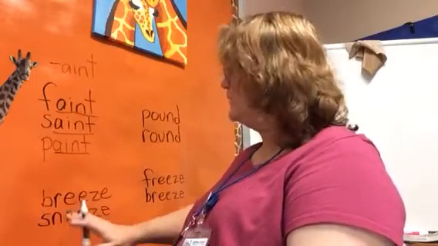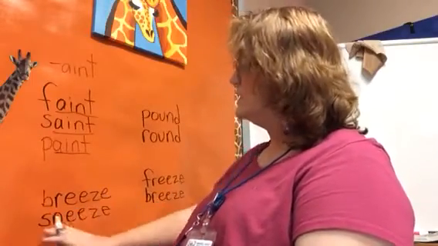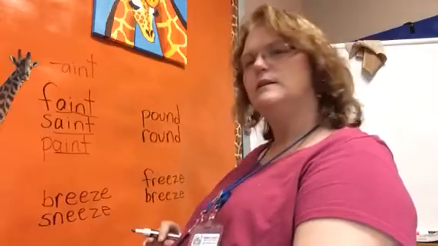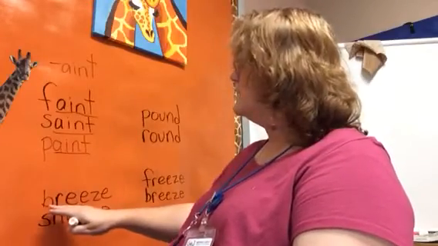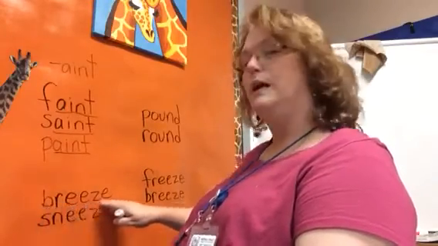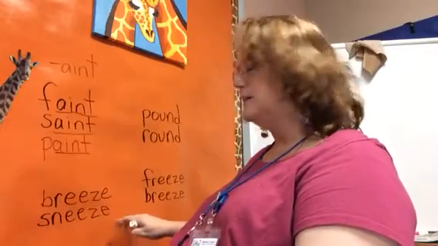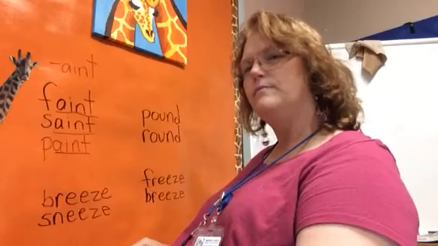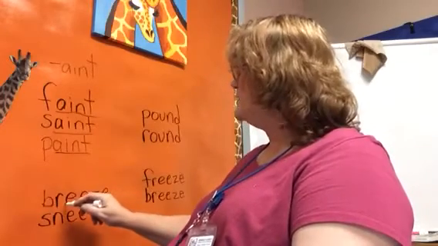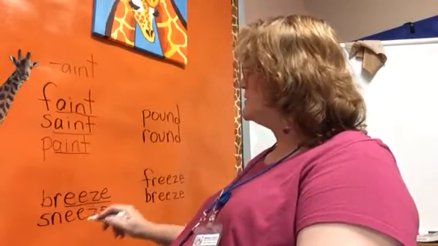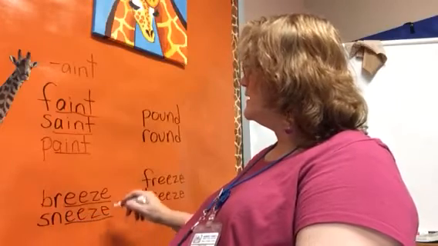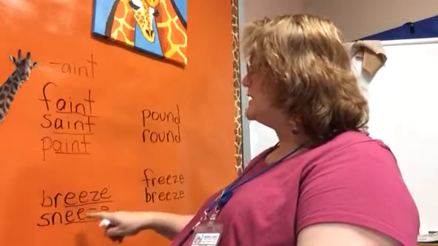Look down below. We have these two words. This one is breeze. This one is sneeze. What do they have in common? They do. They have double vowels and this ease together.